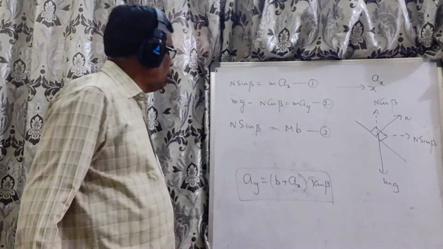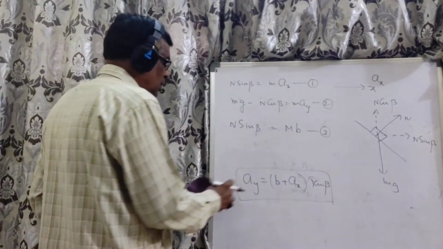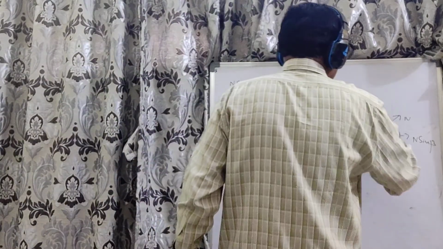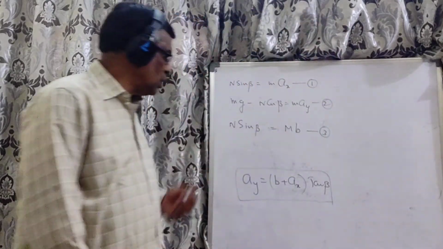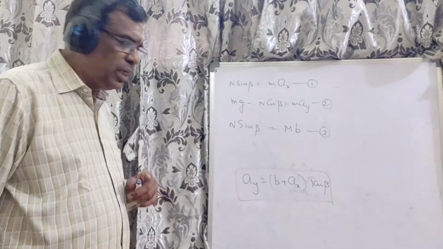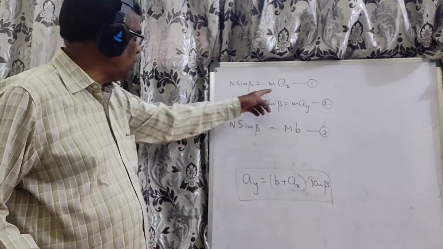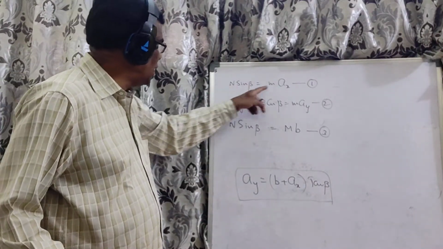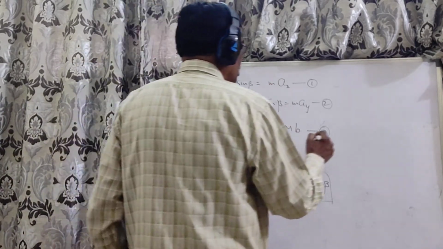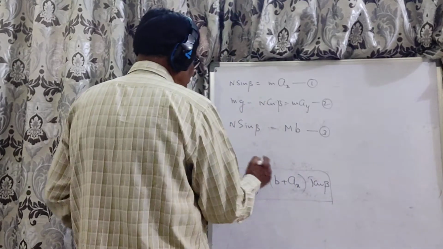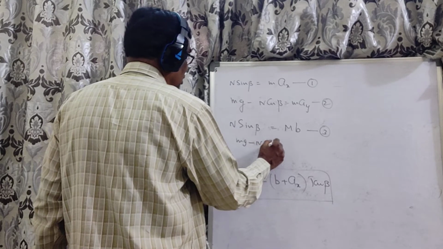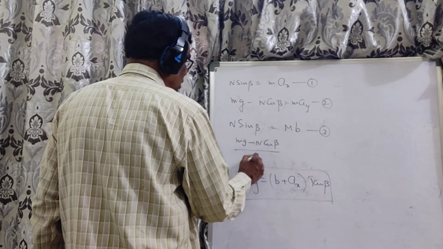Now very simple. Ay is equal to B plus Ax tan beta. Now I told you, whenever you have to solve this, look at the equation with the maximum number of variables, and in that keep everything. What is Ax now? N sin beta by m. What is Ay? Ay is all this, so I will write Ay is (mg minus N cos beta) by m.